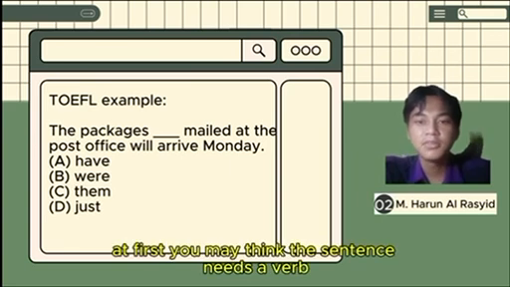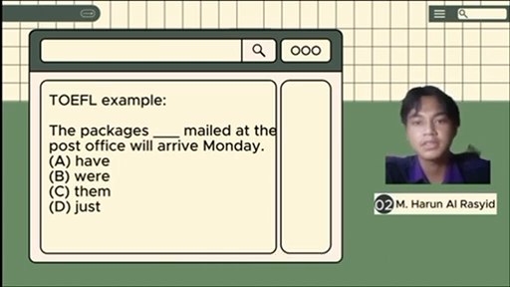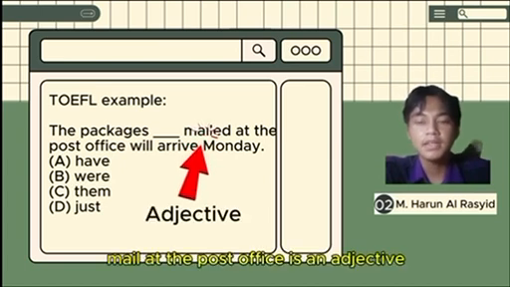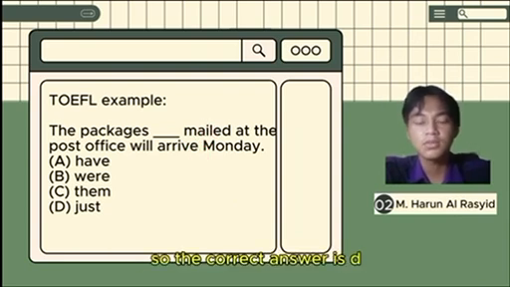At first, you may think the sentence needs a verb, but the main verb is will arrive. Mailed at the post office is an adjective phrase describing packages. So the correct answer is D.